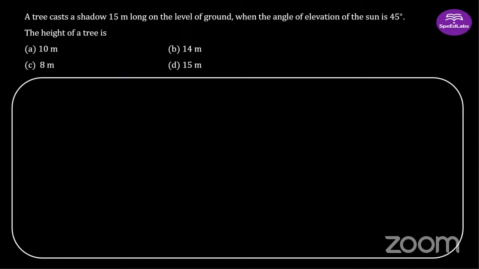A tree casts a shadow 15-meter long on the level ground when the angle of elevation of the sun is 45 degree. The height of the tree is. So this is our question.